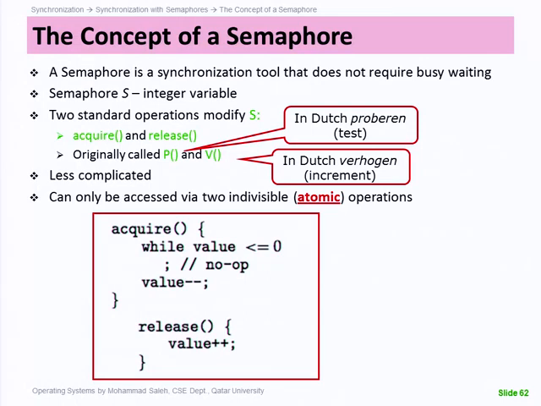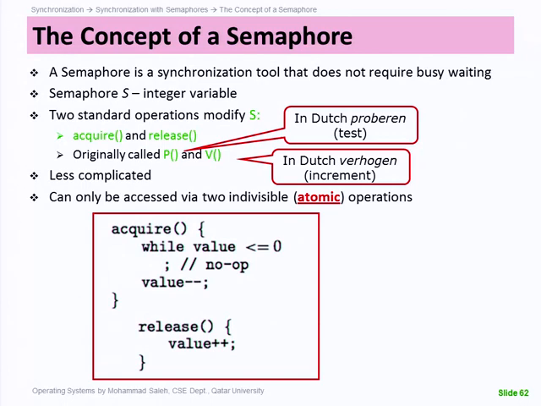In fact, a semaphore, in terms of implementation, is an integer value with two operations, and these operations are atomic operations. One operation will increase the value, the other will decrease it, by units of one at a time.